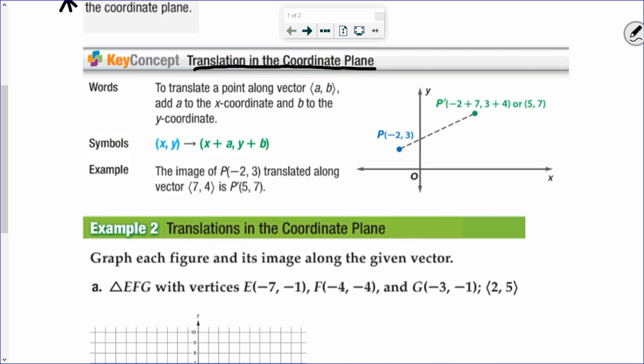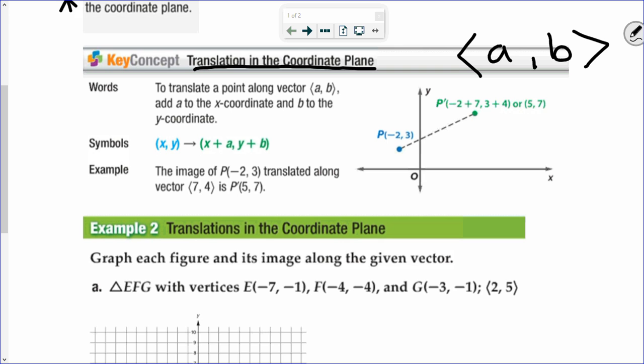To translate a point along a vector, notice how the notation we use for vectors is very similar to an ordered pair. Vectors give you direction and distance, and the notation for that uses <a, b>. Those aren't parentheses, those are a type of bracket that we use for the vector <a, b>.